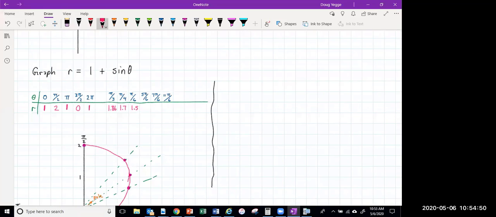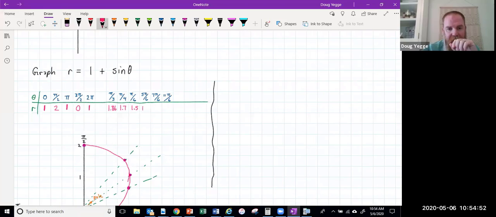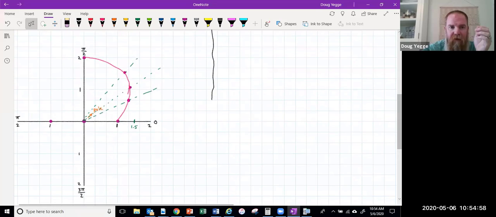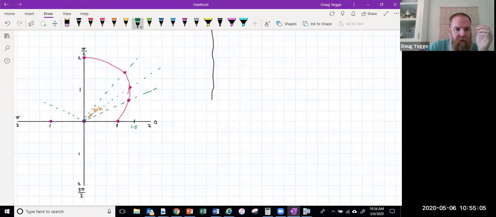1/2. 1/2 plus 1 is again 1.5. Well, that's nice because that means that at the exact same angle in the second quadrant, which is going to be a pi over 6 angle, I'm also going to be going out 1.5.